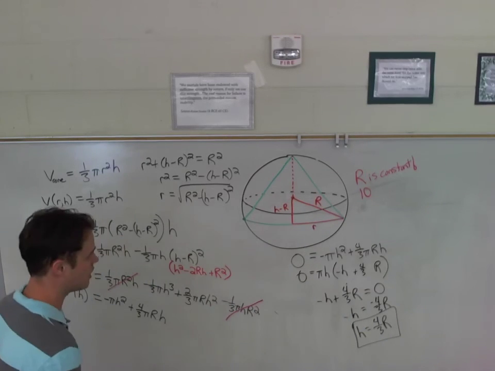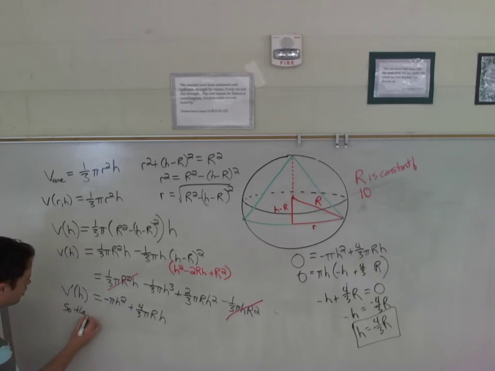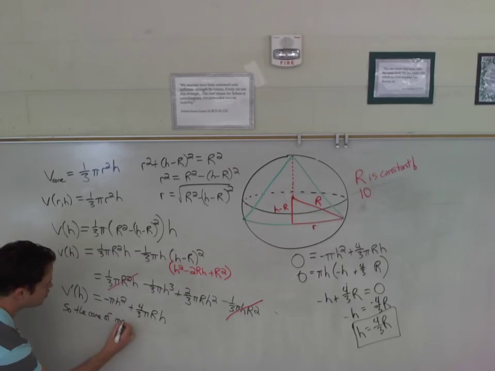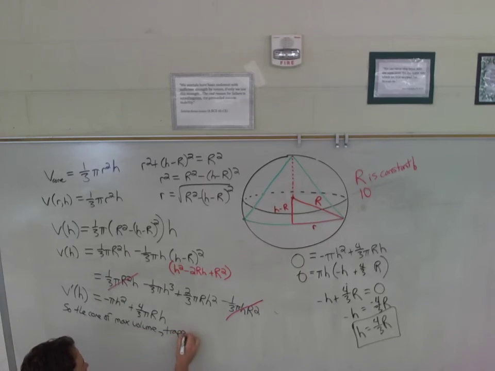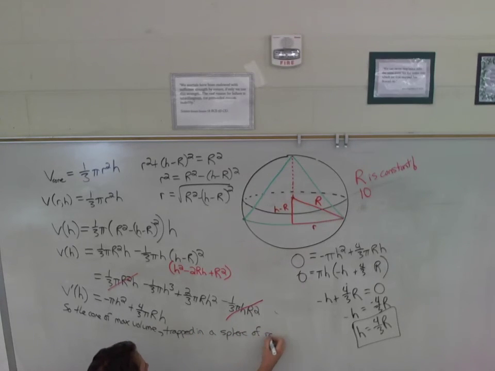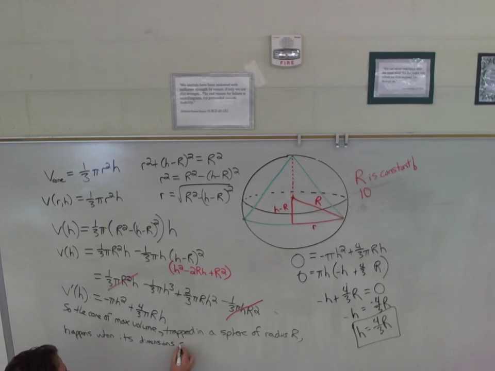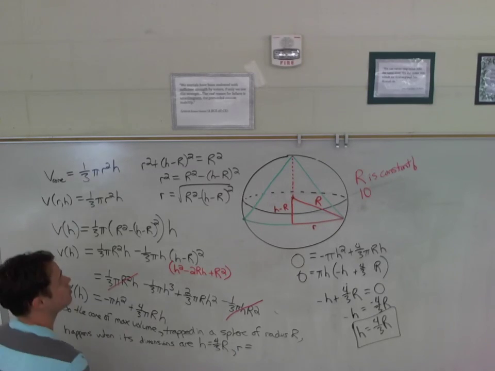So this is one we really need to write out. The cone of max volume trapped in a sphere of radius r happens when its dimensions are h equals 4/3 of that radius, and its radius is going to be then what?